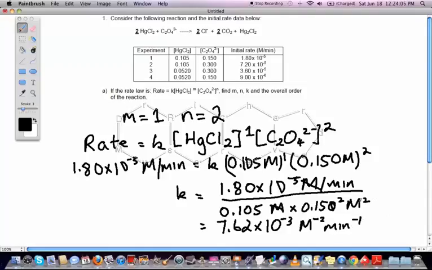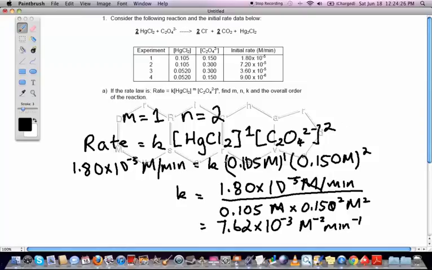Now the reason it's M to the negative 2 is because the M squared is on the bottom, and whenever a power is on the bottom it always turns into a negative. So that's how we can get the units of k. It's M to the negative 2, and that was per minute to begin with, so it's M to the negative 2 per minute. That'll be the units on little k over here.